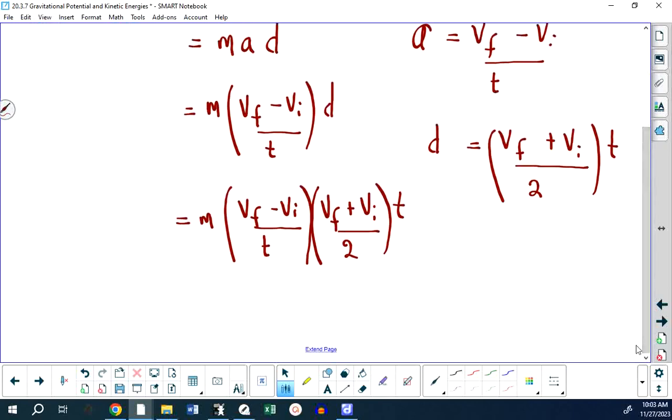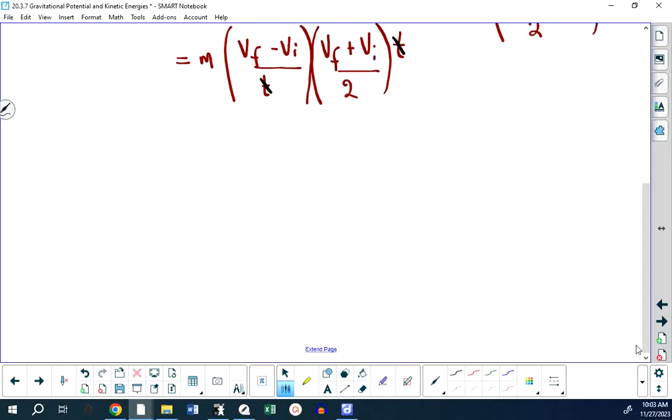The t's cancel, and I'm going to move this 2 under the m over here. Admittedly, if you're in Math 20 right now, this is easier to follow. But I've got m over 2, and then I have Vf minus Vi times Vf plus Vi.